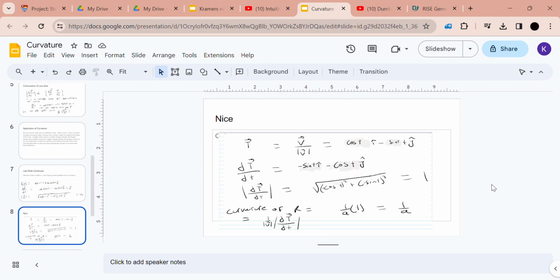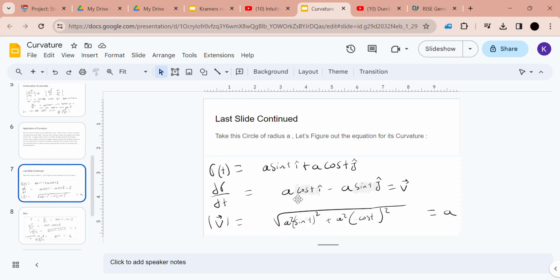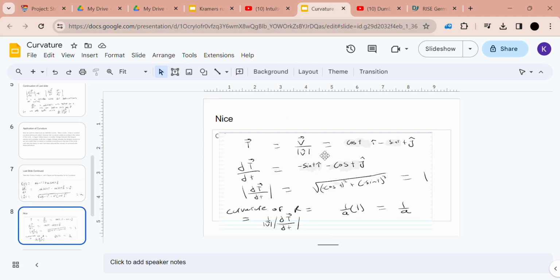Now how do we find the unit tangent? It's really just the derivative of the output with respect to time, which we defined as v, divided by its magnitude, which we know is a. We calculated v earlier, and if we just remove the a's, then we have the unit tangent, which is just cos t i minus sin t j.